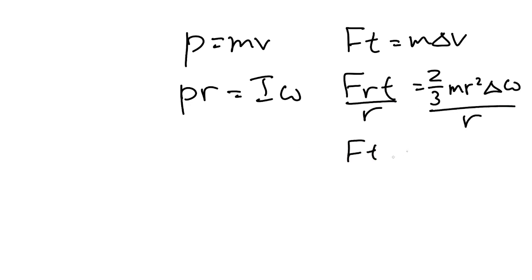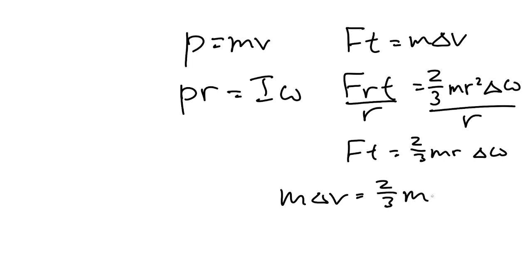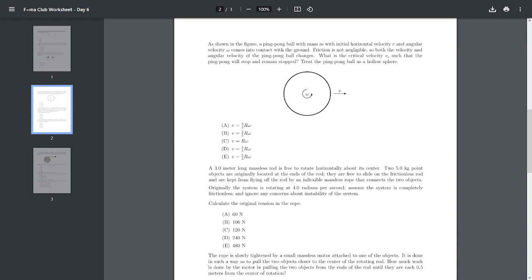Now we get Ft equal to 2 over 3 m r delta omega. Setting these two equations equal, m delta v is equal to 2 over 3 m r delta omega. If we cross out the m, our critical velocity is going to be equal to 2 over 3 r omega. And if we look back, that gives us option A.